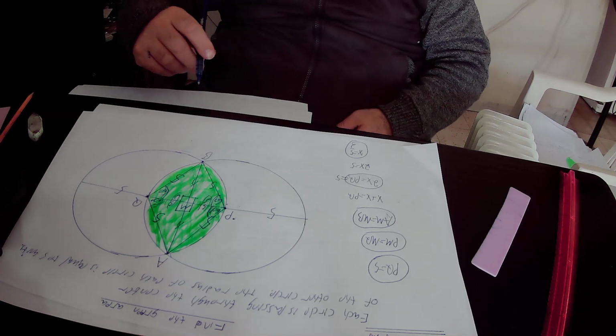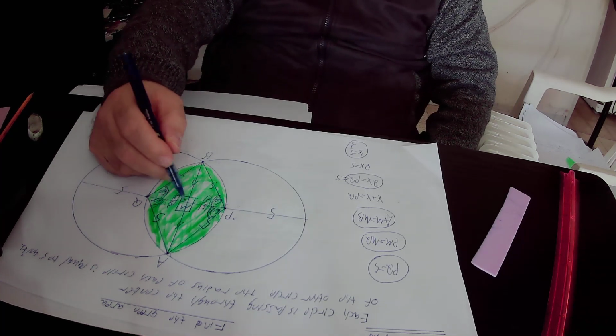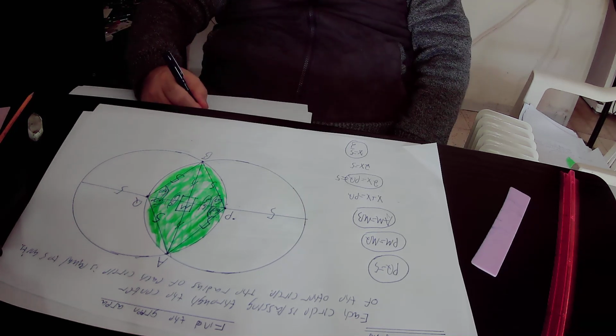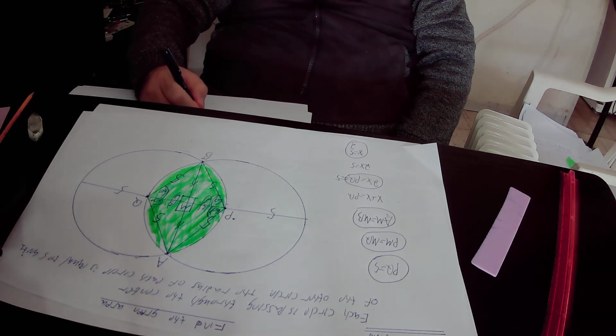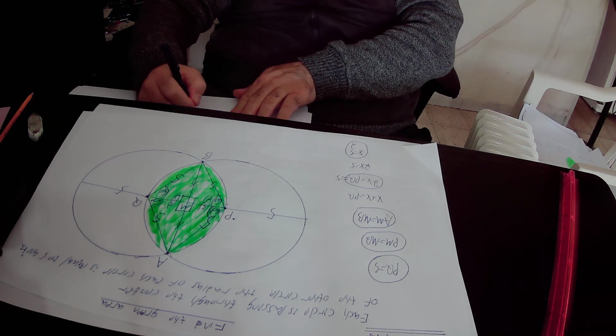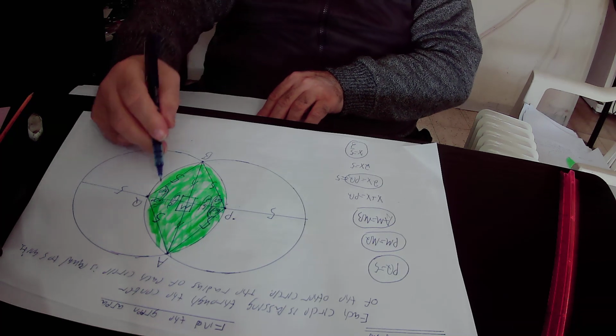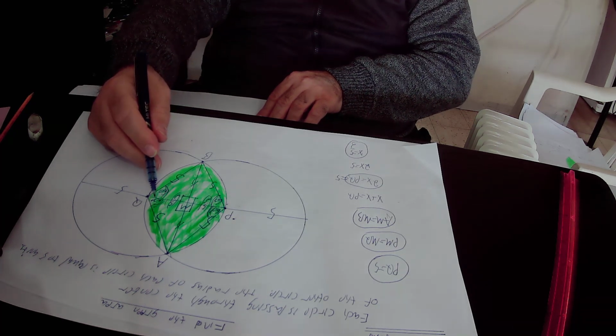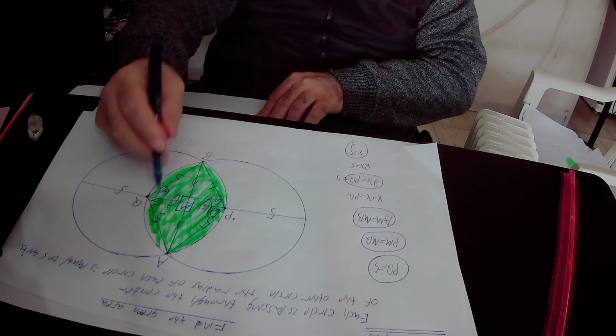And if we focus on triangle AQM, on the right triangle AQM, here sine 60 degrees will be equal to edge over 5.